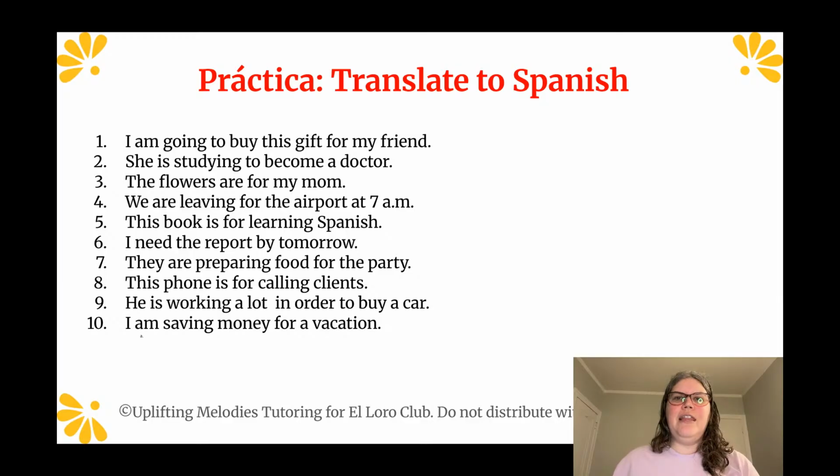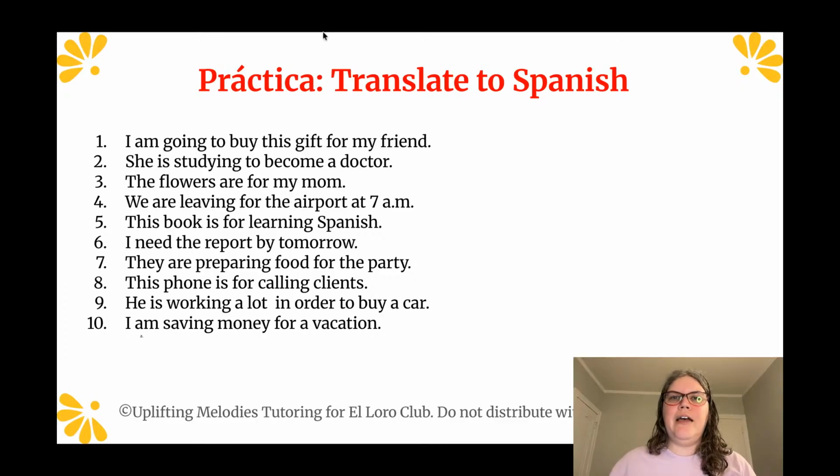Okay, so let's try these. I am going to buy this gift for my friend. So if you get confused, just break it into parts. We have the I am going. We have to buy this gift for my friend. See if you can get each of those parts. I am going is going to be the same word as I go. And then you're going to use an a, and then you're going to use the word for to buy.